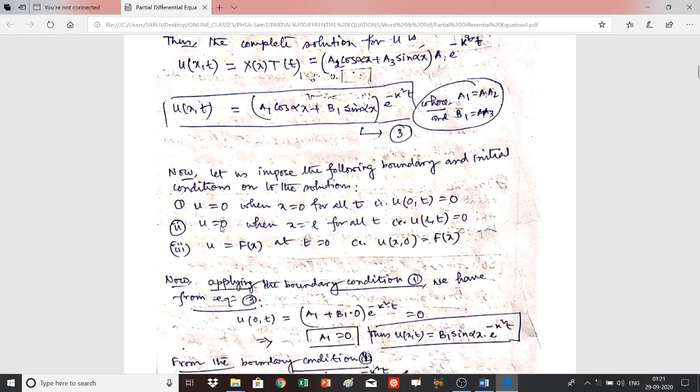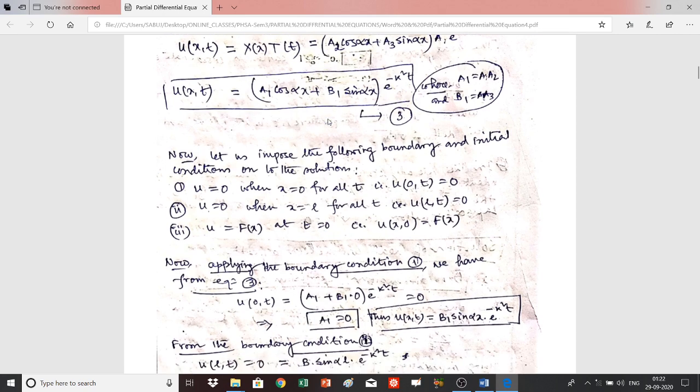Then u is 0 when x is equal to l for all t. That means u(l,t) is equal to 0. And number 3 is u equal to f(x), a function of x, at t equal to 0. That means u(x,0) is equal to f(x). So we have to apply these boundary conditions to find out the values of the arbitrary constants A1 and B1.